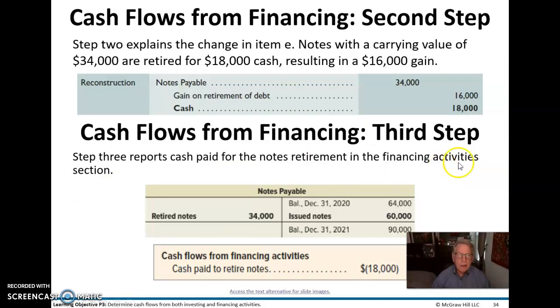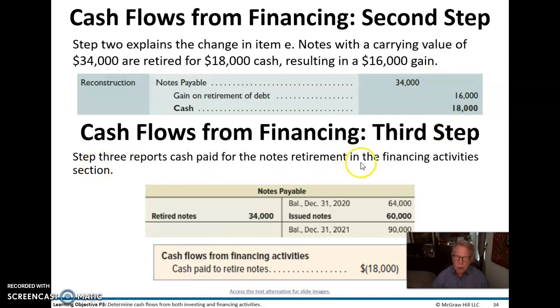And for the $26,000, we're going to look at the fact that our notes payable of $34,000 were retired for $18,000 in cash, representing a $16,000 gain. This gain we've already accounted for in the operating income, but we have a nice little cash bump here of $18,000, and our notes payable were retired for $34,000.